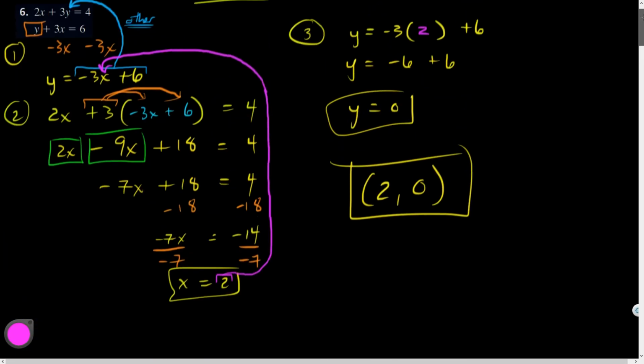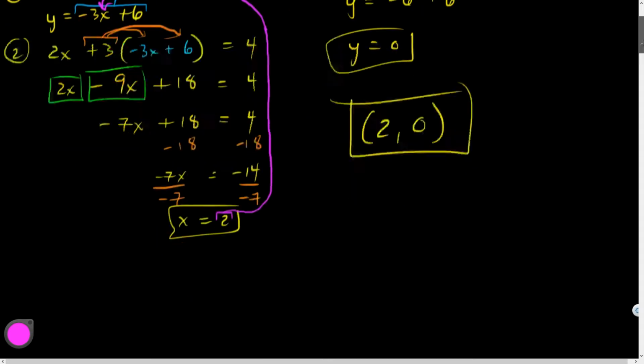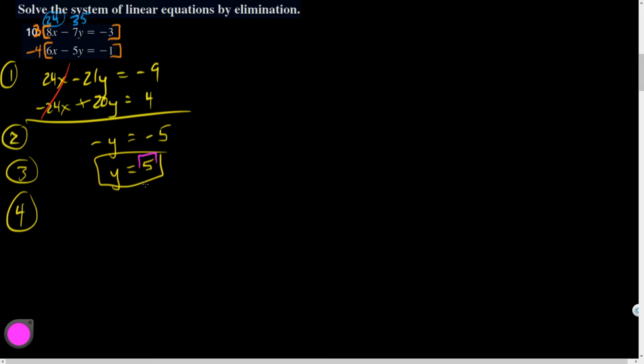Remember, just like I did up here, my answer is going to be two values for x and y. So I'm still going to need to find x. And one of the ways I can do that is by substituting this y into either of the equations. And I'm going to select the second equation because 6, 5, and 1 are smaller than 8, 7, and 3. That's my only reason.